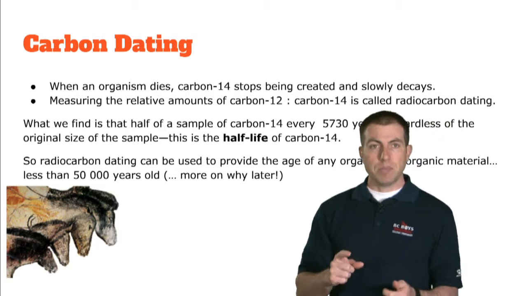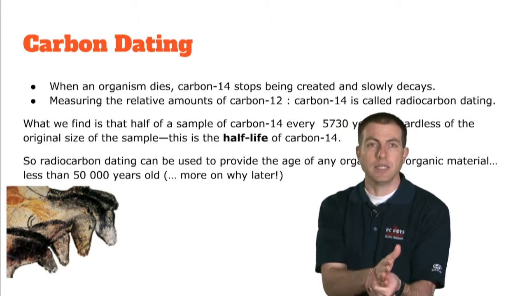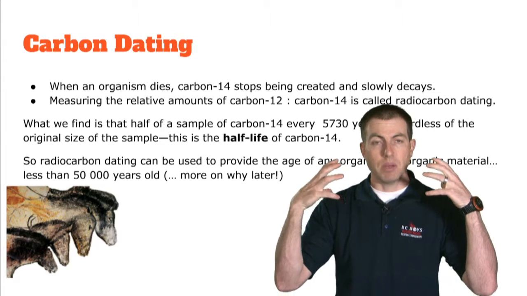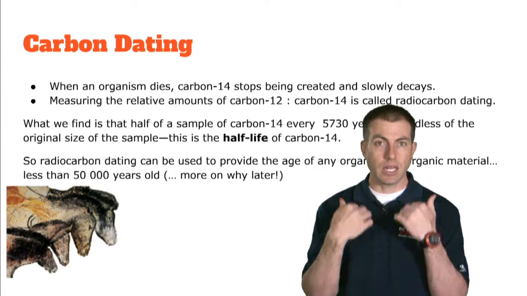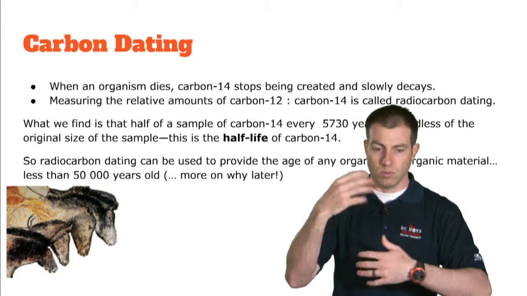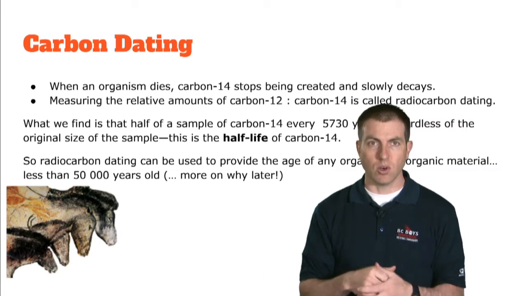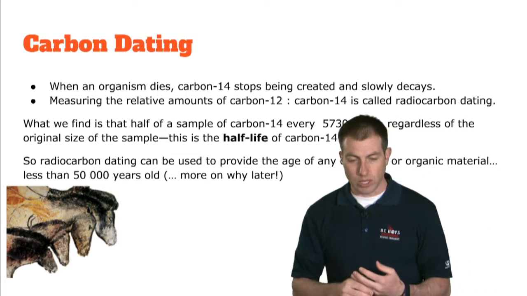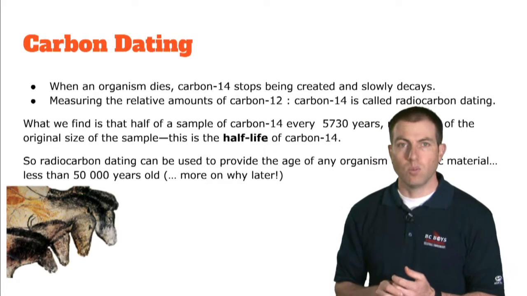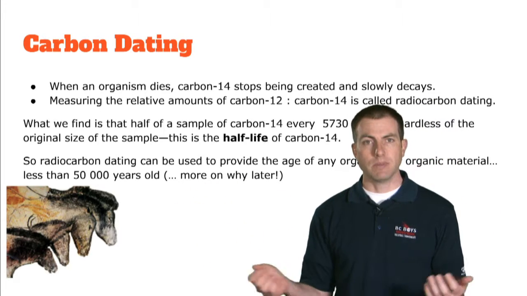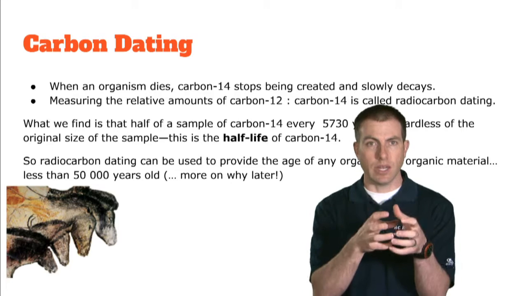But when I stop eating, when I die, the second I die, I'm no longer taking in carbon. So the amount of carbon that's in my body is now fixed. I'm not taking in anything new. I'm not putting out anything. There's no more carbon cycle going on in my body, essentially. So what we can do using something called radiocarbon dating is, once something's old and dead, or formerly living, we can look at how much carbon-14 is there.